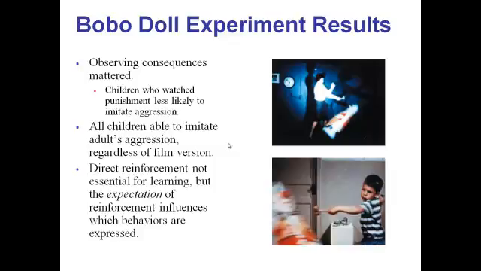You can only observe someone get the reward. The expectation is a cognitive process. So this is where the cognitive component of learning is. The expectation of reinforcement, or the expectation of punishment for that matter. It's the expectation that guides the children's behavior, and it guides our behavior as well.